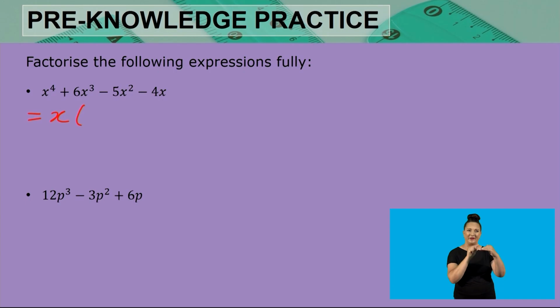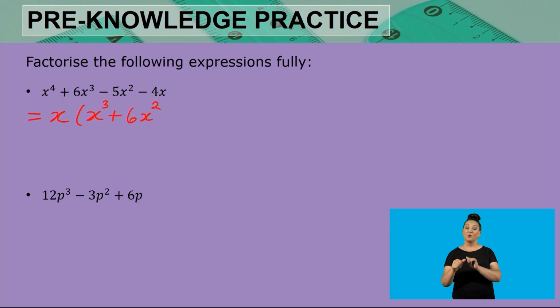So now we say x exponent 4 divided by x gives us x cubed. Then 6x cubed divided by x, we are adding there, gives us 6x squared.